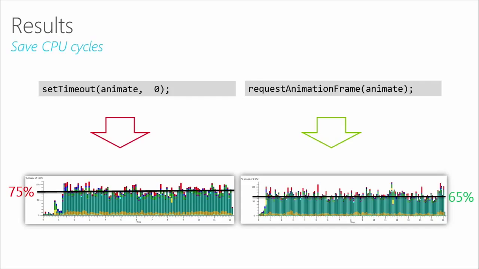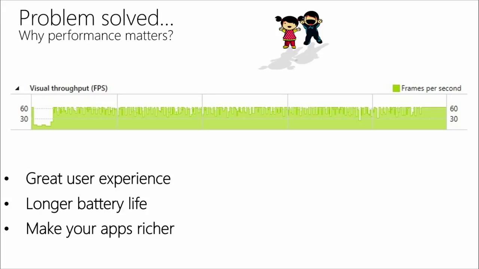From better statistics, we could see that by comparing setTimeout versus requestAnimationFrame, we reduced CPU usage to 65% from 75%. So that's quite a bit of saving on the CPU cycles. And when we see the problem resolved, everybody's happy. And we also provide a better user experience.